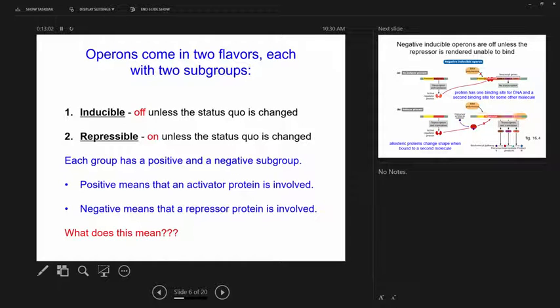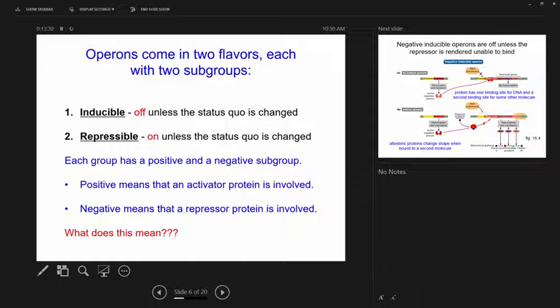You weren't in labor before, and now we induce it, and you are. So it's off unless the status quo is changed. Repressible is the opposite. It is what we call constitutively on. So it's always turned on unless it's changed to turn off. So it's on unless it's acted upon to get it to shut off.